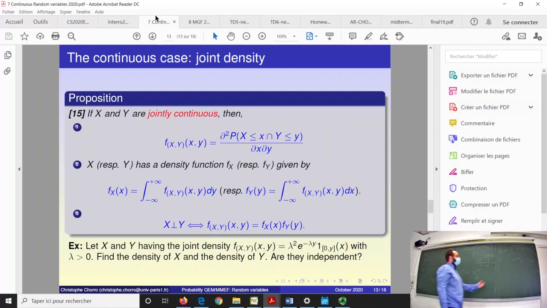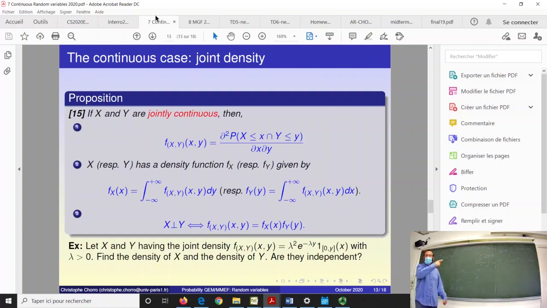What I have here is the beginning of the density of an exponential of parameter y. The density of an exponential of parameter lambda is lambda exponential minus lambda x indicator function of x positive.